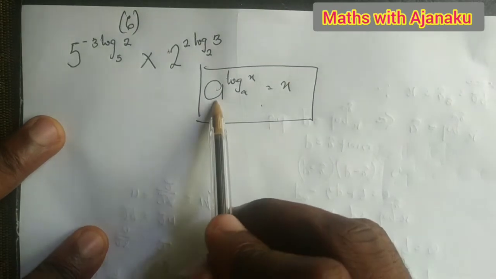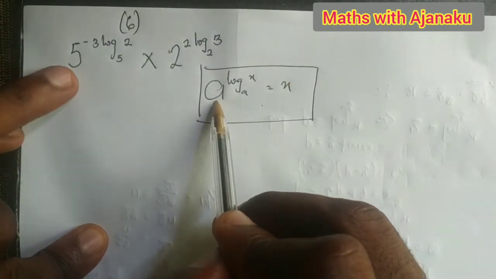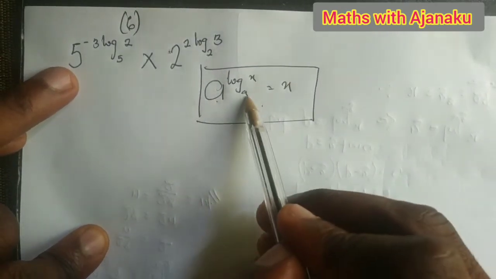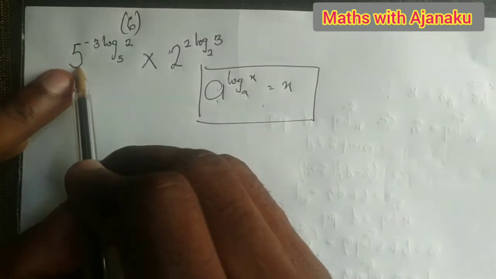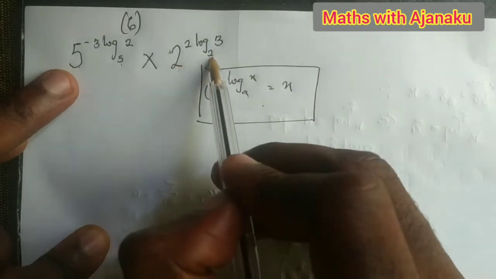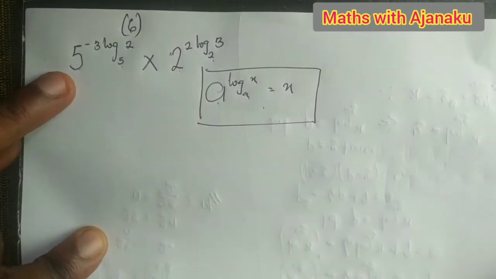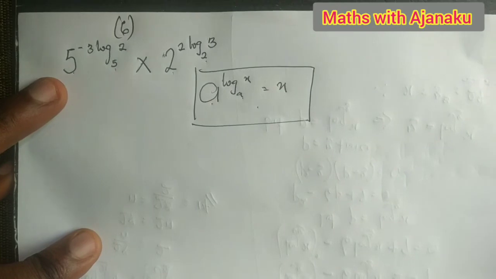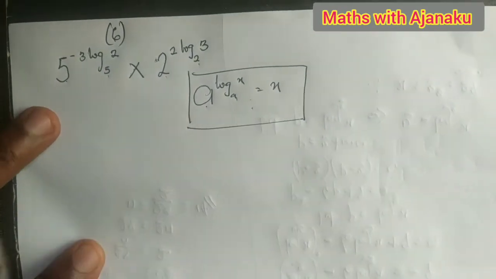The base here is also the base of this logarithm. Can you see 5 is the base here and as well the base of this logarithm. 2 is the base here and as well the base of this logarithm. So we can rewrite and make it look like this, so we can evaluate it.